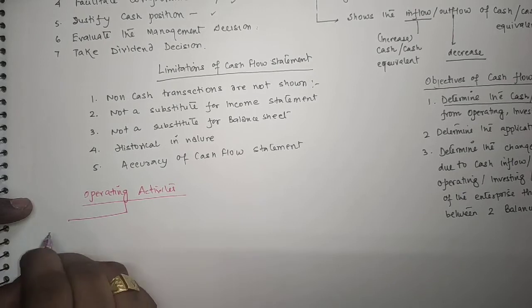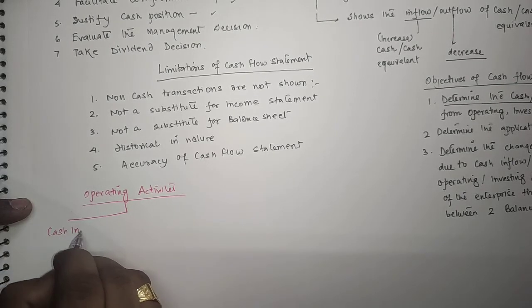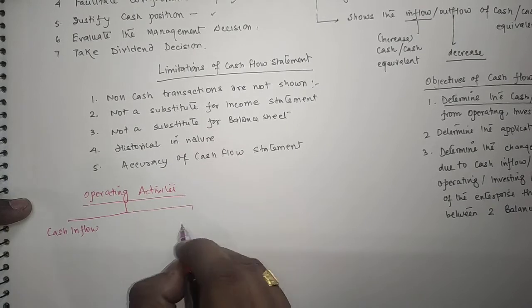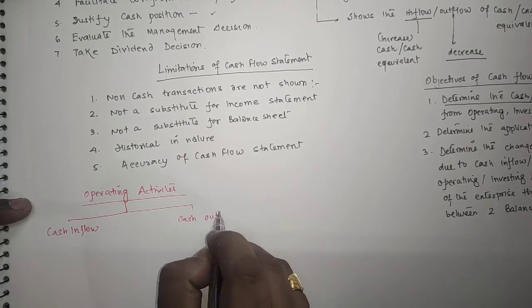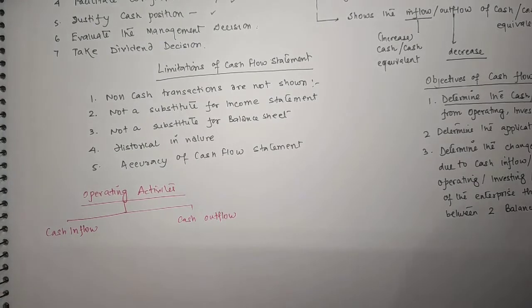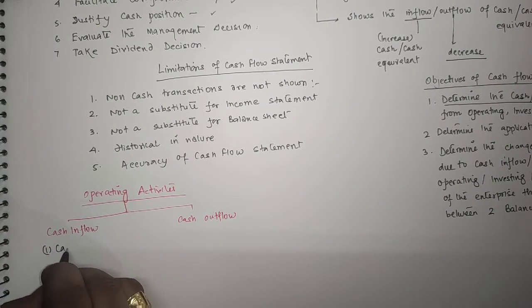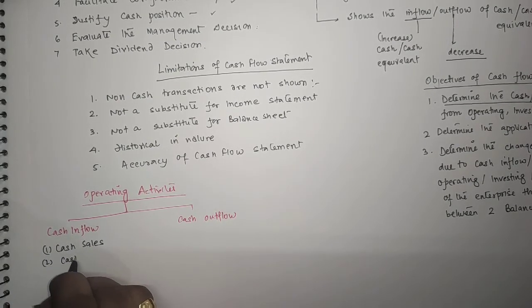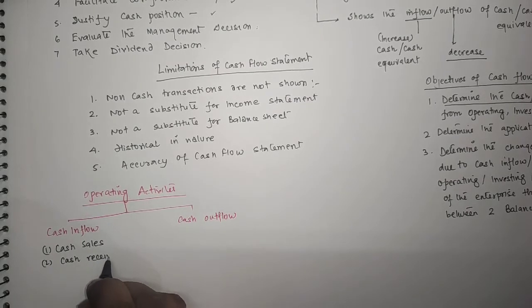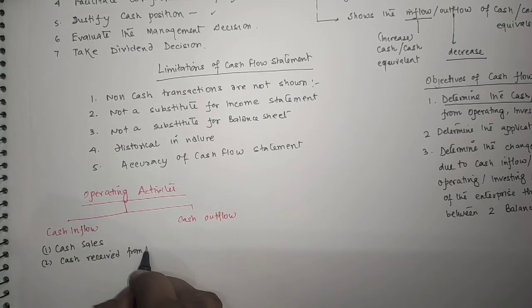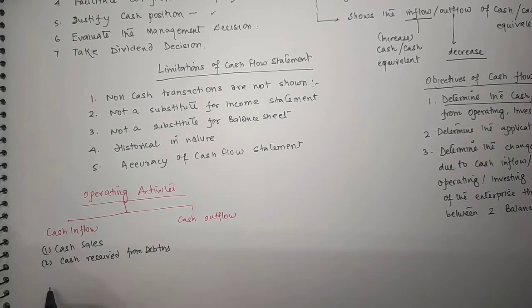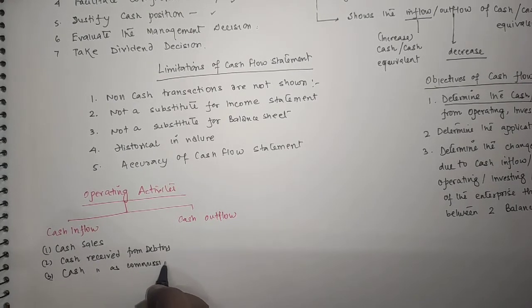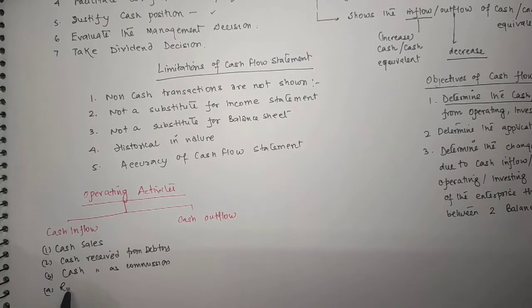Operating activities. Let us divide here: cash inflow, and here we write cash outflow. When it comes to cash inflow, we have cash sales, then cash received from debtors, then cash received as commission, or number 4 is royalty.